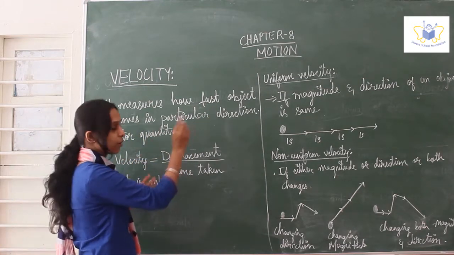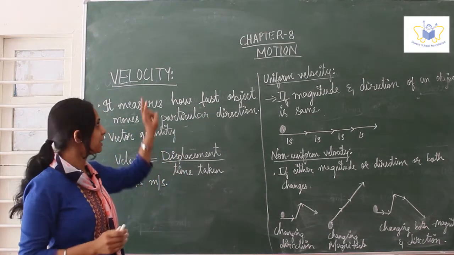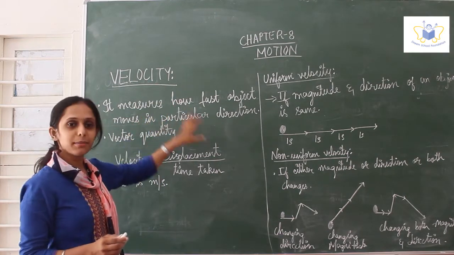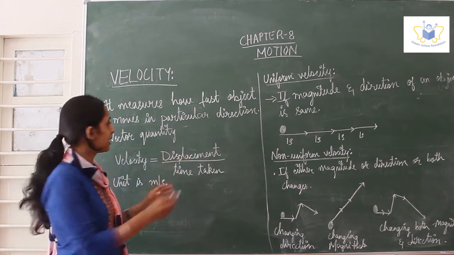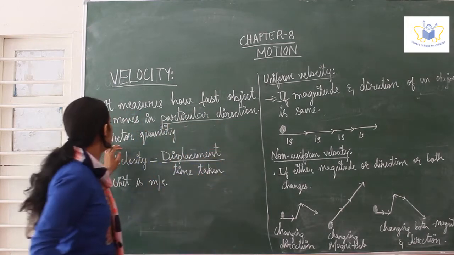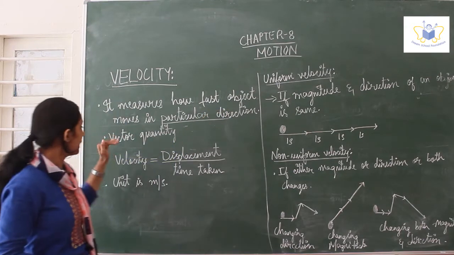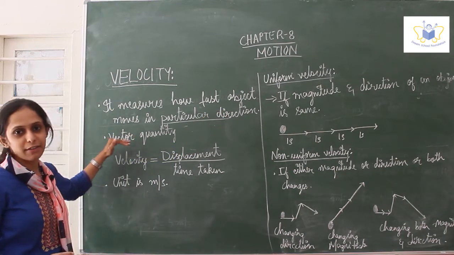This is the slight difference that makes velocity and speed different. Since it is in a particular direction, we can easily conclude that it is a vector quantity.